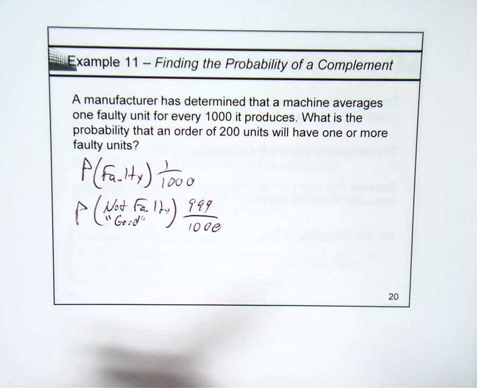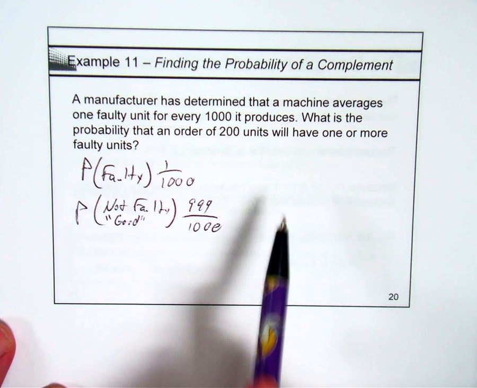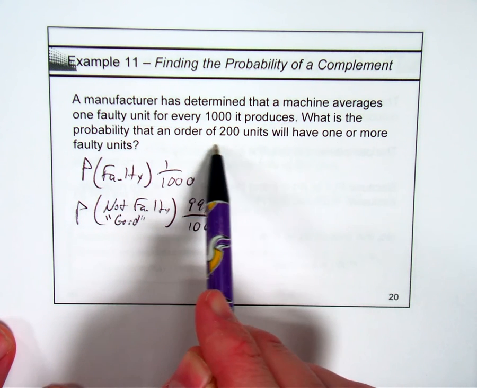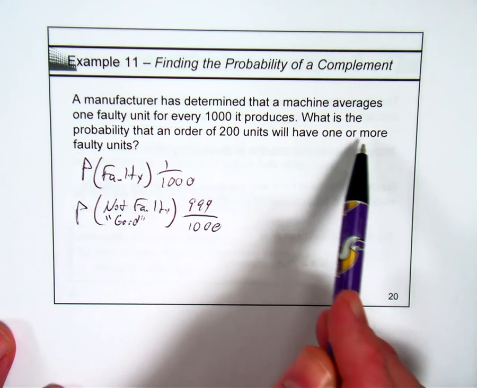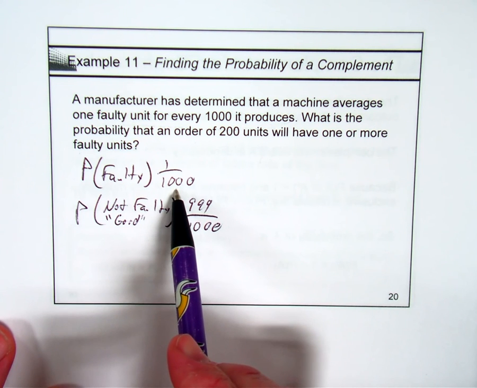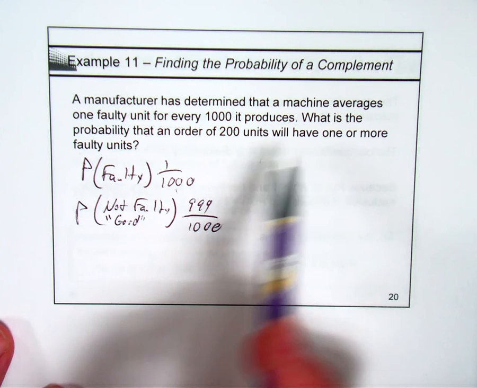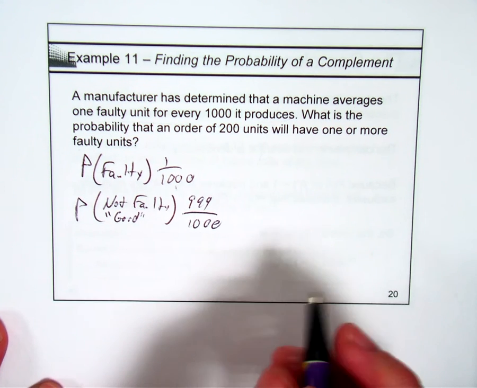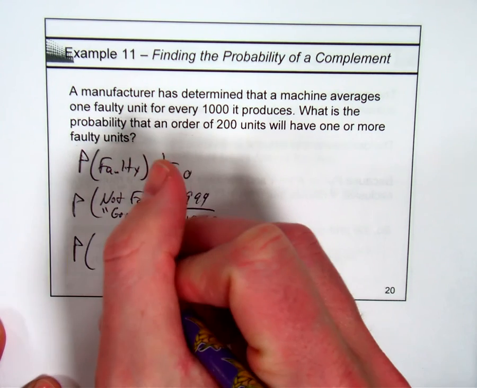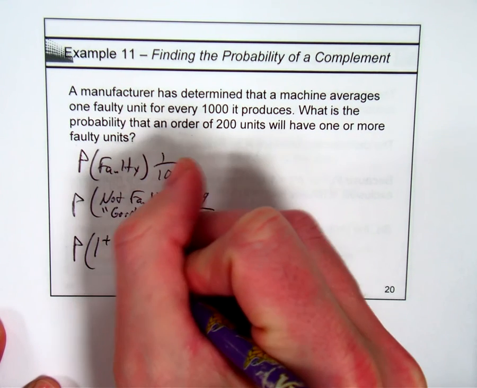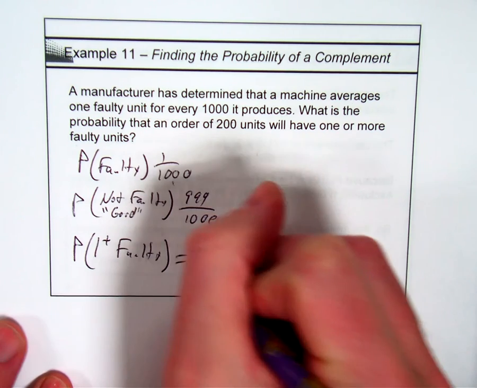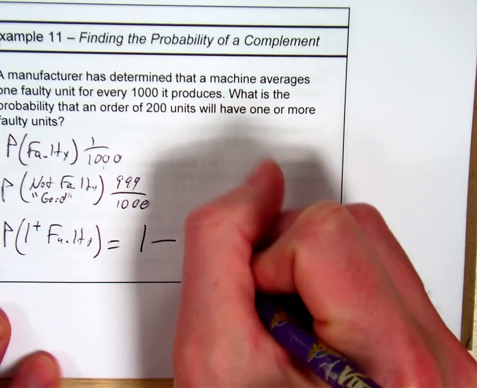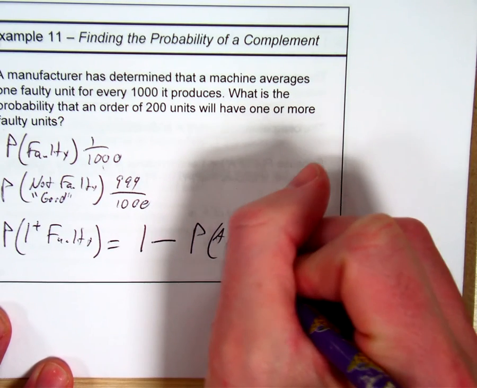So we want to know what's the probability that an order of 200 units will have 1 or more faulty units. Okay, so faulty units, that's going to be really, really small. It's going to be kind of tough to do. So let's go the other route. We're trying to find the probability of 1 plus faulty units out of an order of 200. That would be equal to 1 minus the probability of getting all good units.